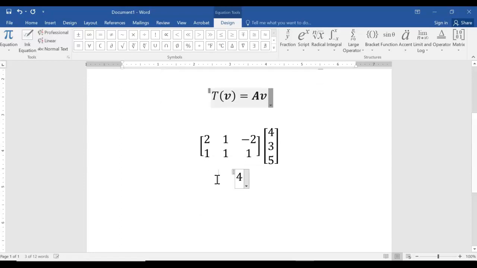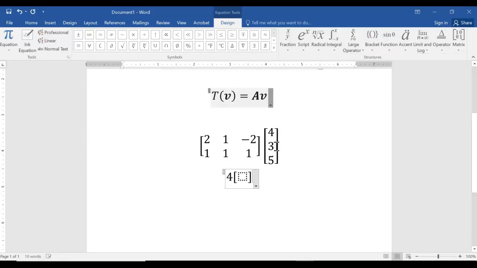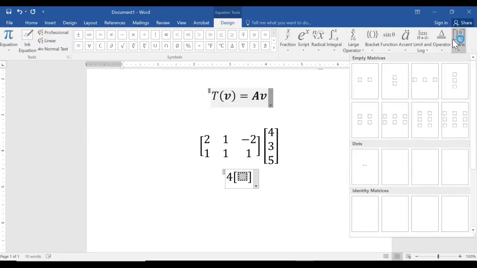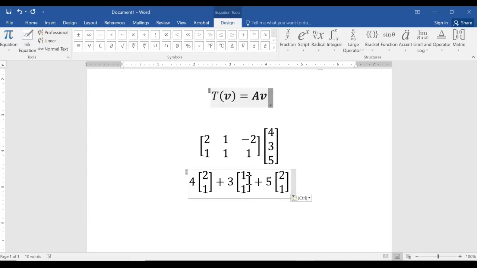So we get 4 times the vector 2, 1, plus 3 times the vector 1, 1, plus 5 times the vector negative 2, 1.